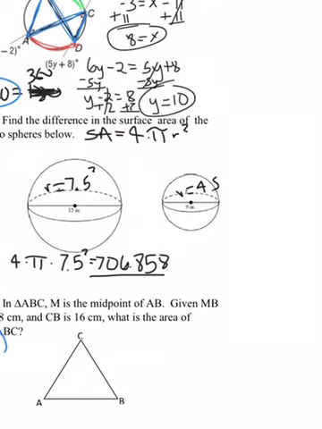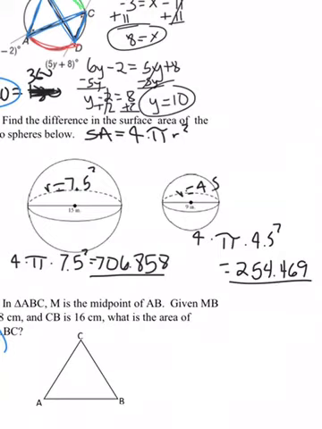And then over here, we have 4 times pi times 4.5 squared. And that gives you 254.469. And then you're going to subtract those.